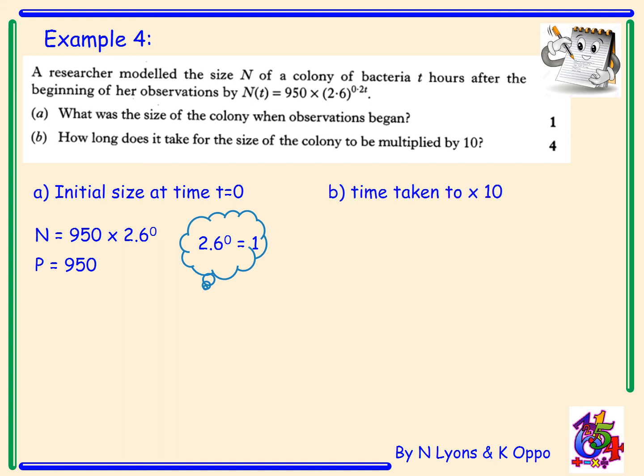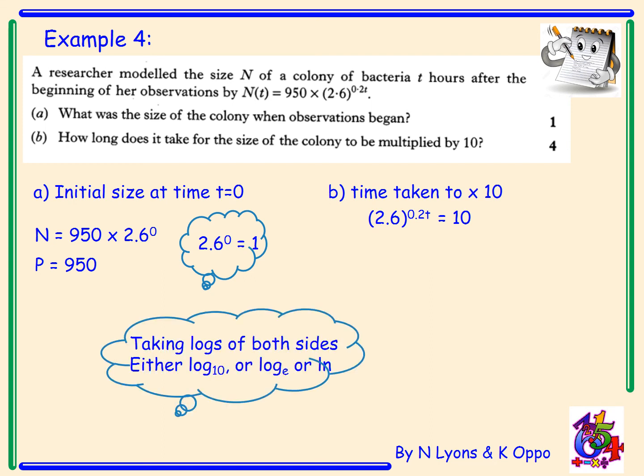Part B, time taken for the size of the colony to be multiplied by 10. Well, that means that I want the exponential function 2.6 to the power 0.2t equals 10. Take logs of both sides. Just to change it a bit, I'm doing log to the base 10 of both sides. Rules of logs bring the exponent down, so 0.2t times log of 2.6 equals log 10.